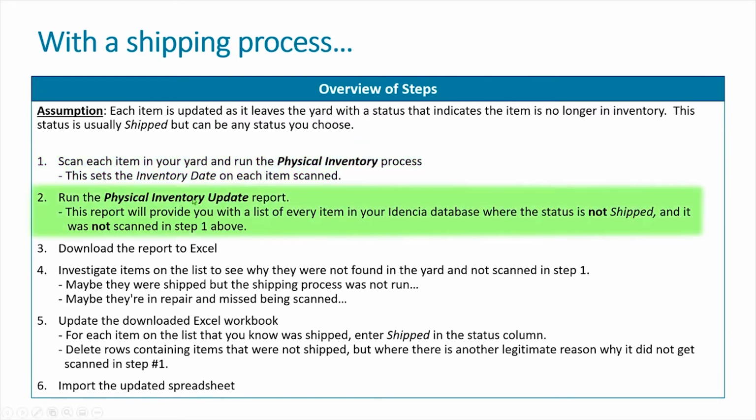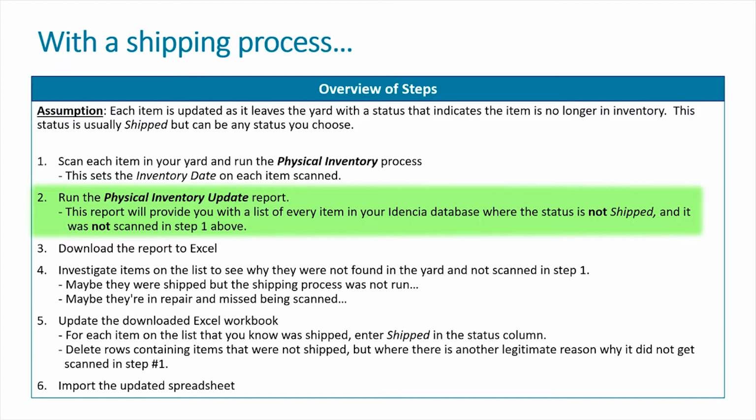So then you run the physical inventory update report, and that report is going to spit out a list of every item in your database that is not shipped. So it should be showing up as in your yard in the database, but it was not scanned in step 1. So basically those would be items that it's supposed to be in your yard, but it's not because it didn't get scanned, and it'll give you a list so you can research those items and find out maybe it was set off to the side because it needed repair and it just accidentally didn't get scanned when you did the physical inventory scanning.